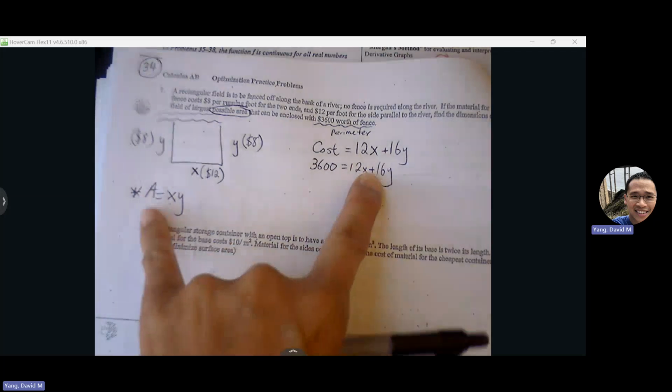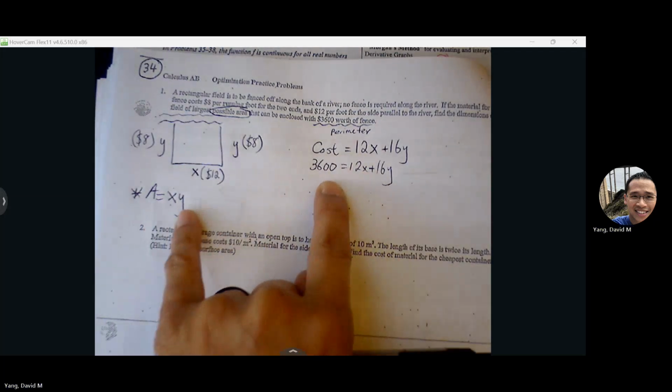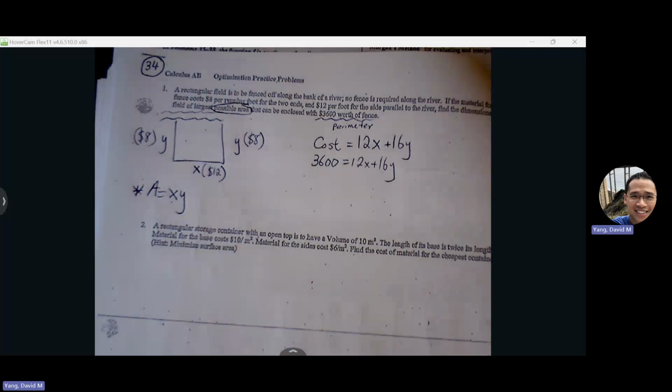Okay, so this is going to be our secondary equation. This is going to be the one that's going to support the area equation. Does it matter which variable that we solve for? In terms of difficulty, they're about the same. But if they're about the same, I'm always going to try to work towards X. X just feels more familiar.